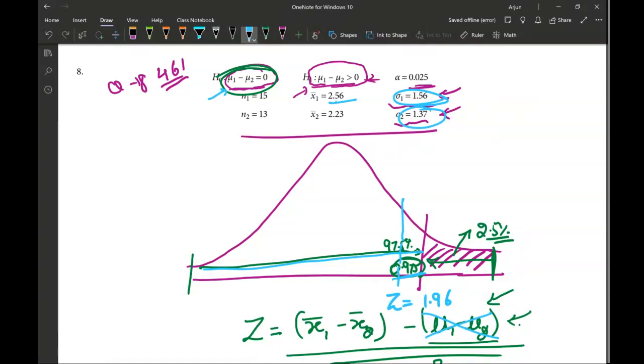So I can also say that there does not exist any difference between the two means at the 2.5% level of significance. So we cannot reject the null hypothesis. All right, so hopefully you were able to understand how to solve these questions.